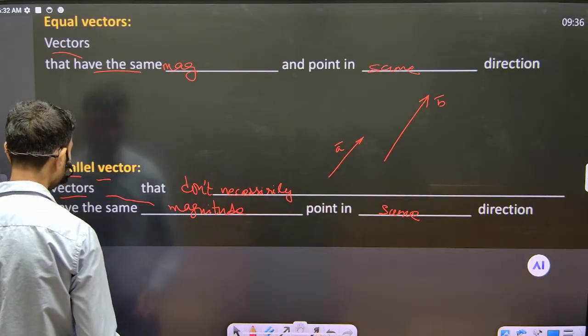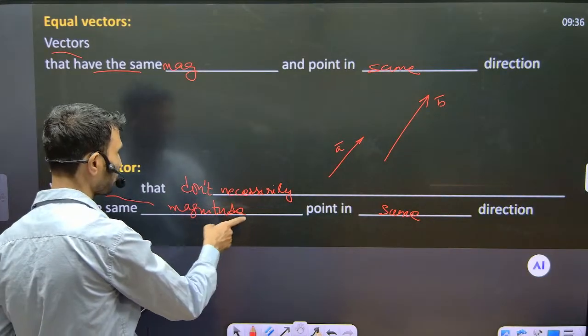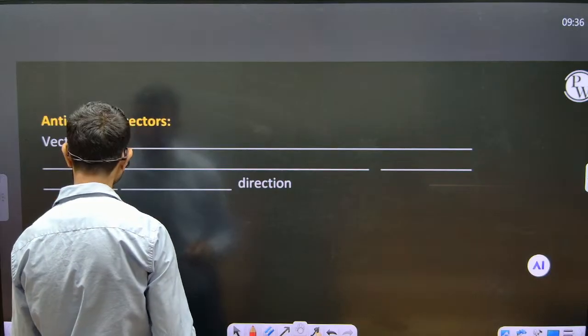So here we have written that parallel vectors don't necessarily have the same magnitude but point in the same direction. What will we write here?